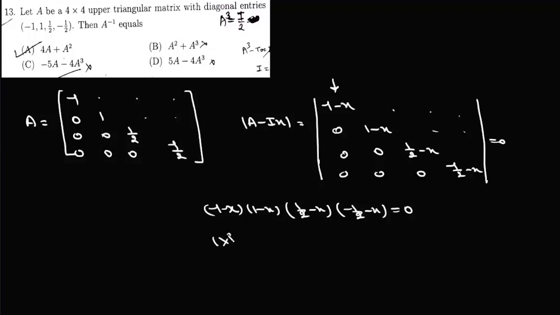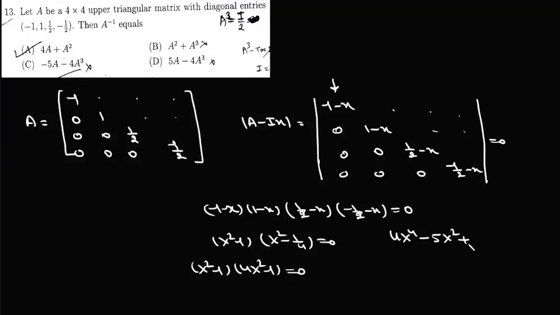Now this is x square minus 1 and this is x square minus 1 by 4 equals 0, or x square minus 1 into 4x square minus 1 equals 0. So our characteristic equation will be 4x to the power 4 minus 5x square plus 1 equals 0.